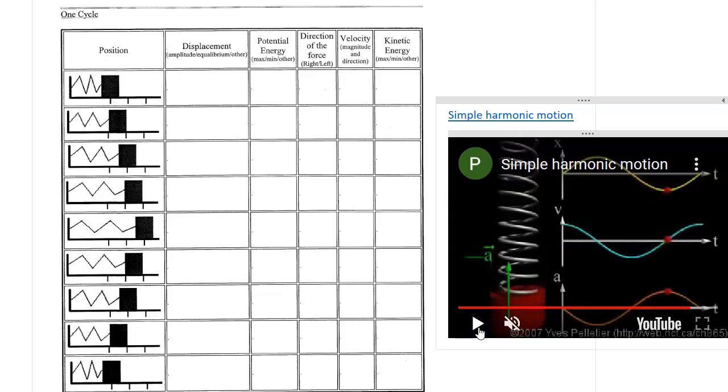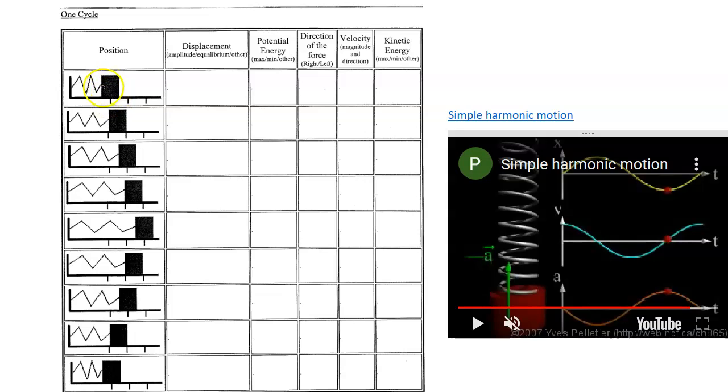And when we reach the amplitude, that's when we've got the largest displacement, and therefore the largest acceleration, and therefore the lowest velocity. What we're going to do is translate that into energy.